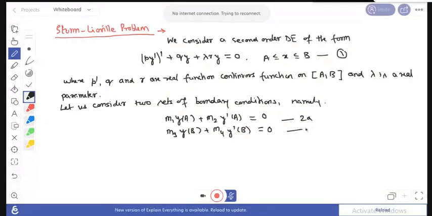This is basically two conditions, 2a and 2b, and this is equation 2.